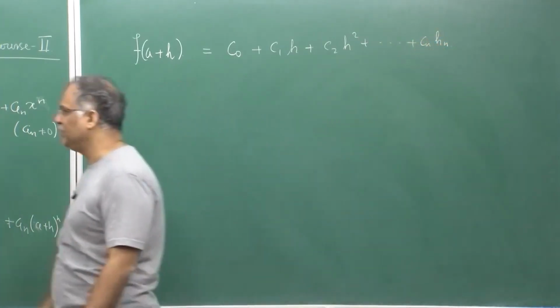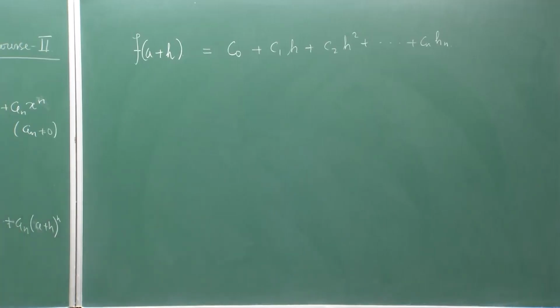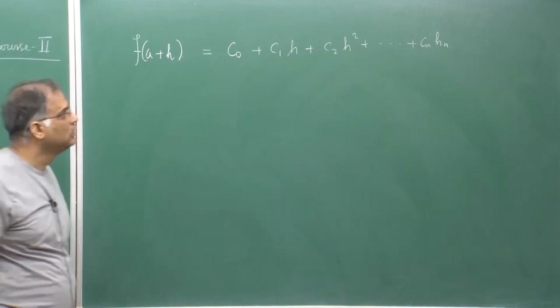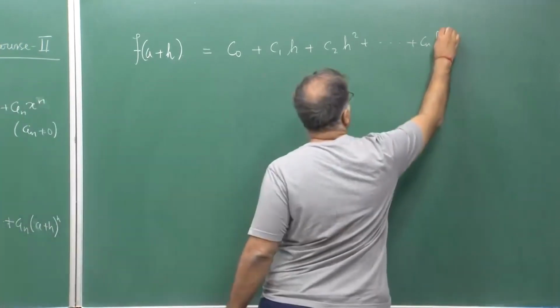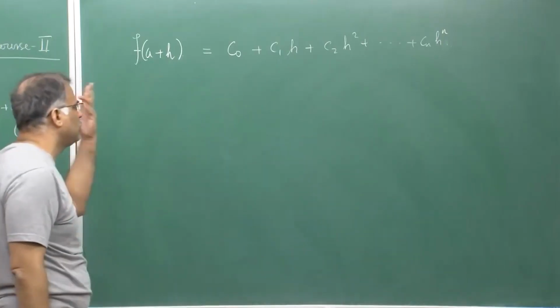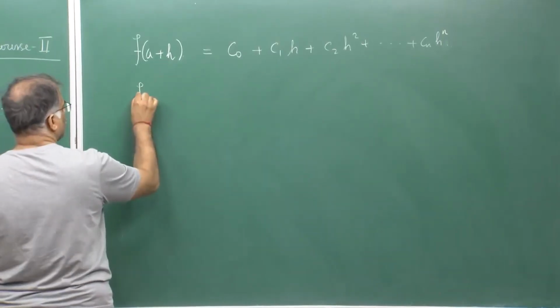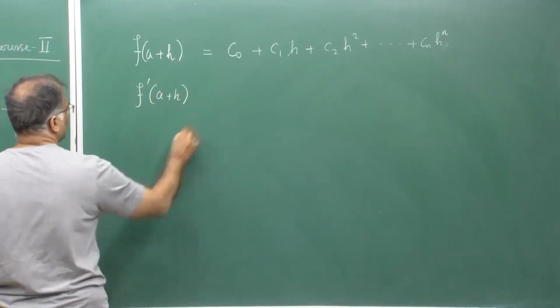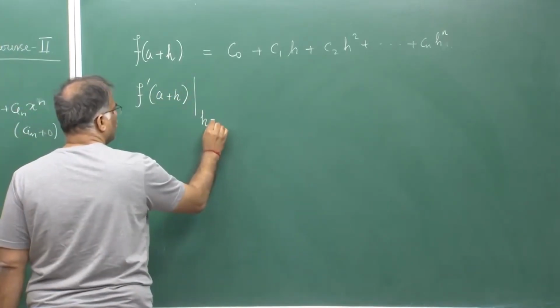He said, okay, let us differentiate f with respect to h and see what happens, and calculate c0, c1, all those things. So, f dash of (a plus h), he wanted to calculate it at h equal to 0.